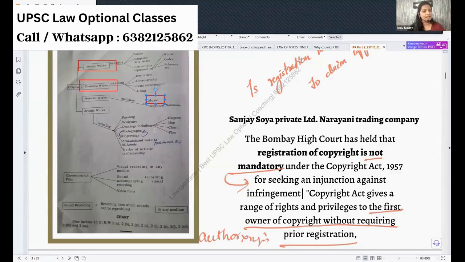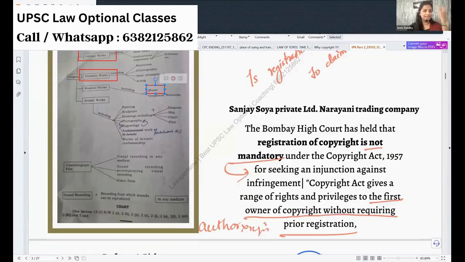And when we talk about artistic works, artists, painters, paintings, sculptures, drawings, which include even a small diagram, map, chart, a small plan, everything. And engravings, photography, and also works of architecture, and works of artistic craftsmanship, anything for that matter. I think in China, making a wooden box with shells is quite famous.